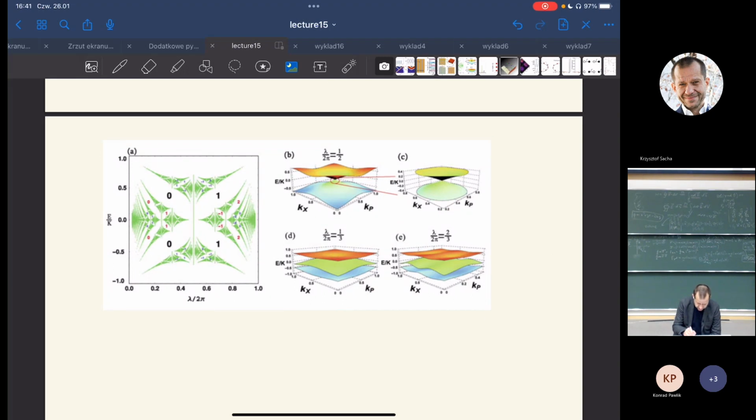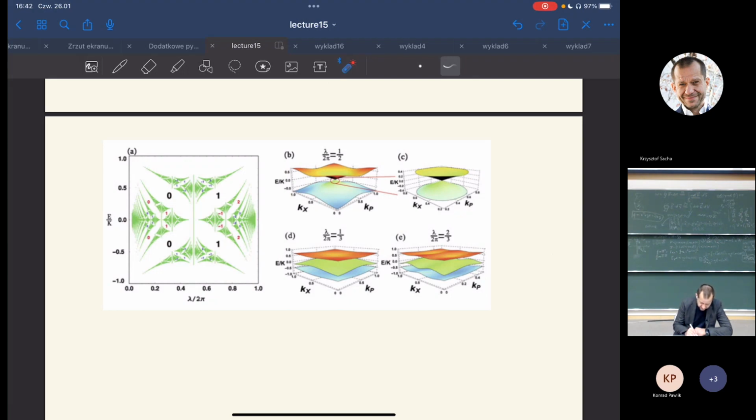So what we see here is the spectrum versus the rational values of the effective Planck constant. This is the so-called Hofstadter butterfly structure.